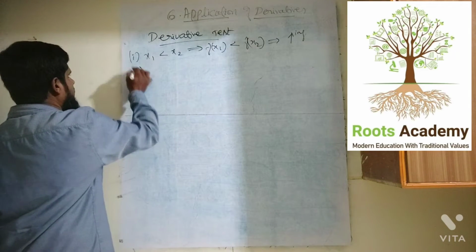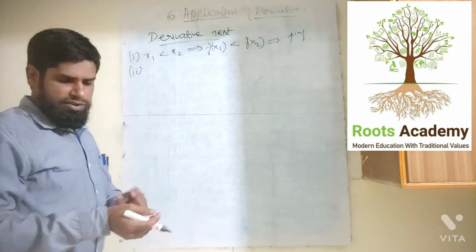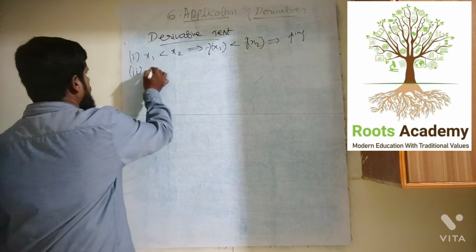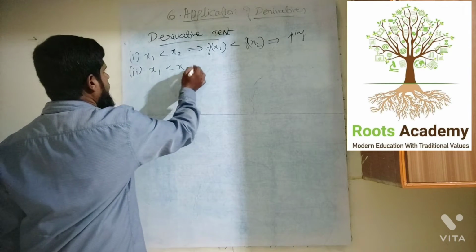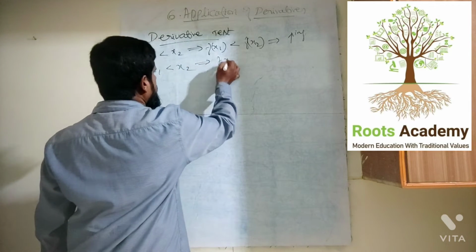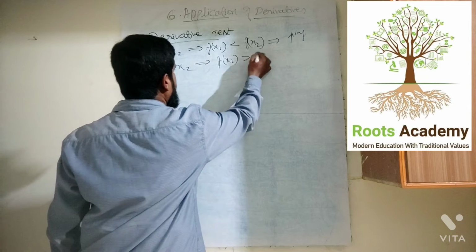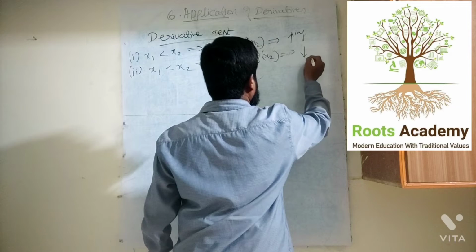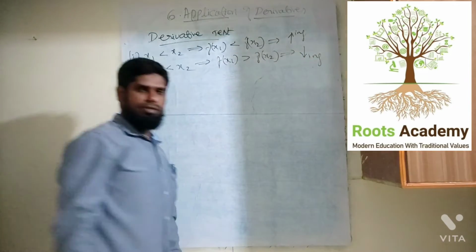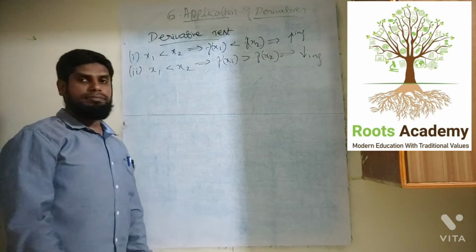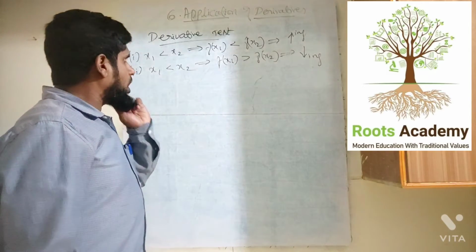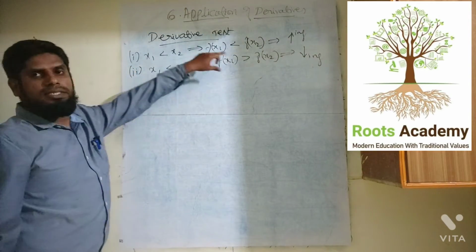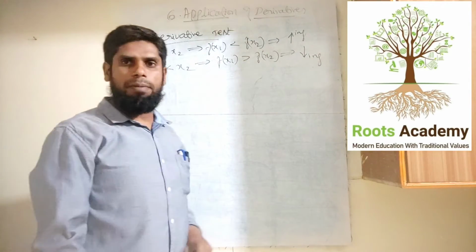Then second, what we discussed is the decreasing function. If x1 is less than x2, which implies f of x1 is greater than f of x2, this is a decreasing function, isn't it? Now, how do we test this? How can we verify our problems?